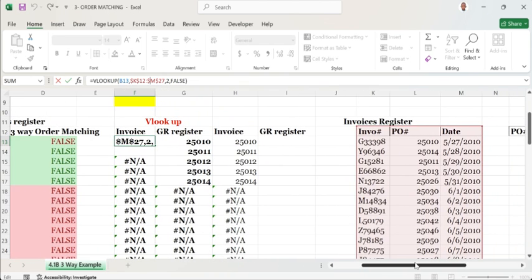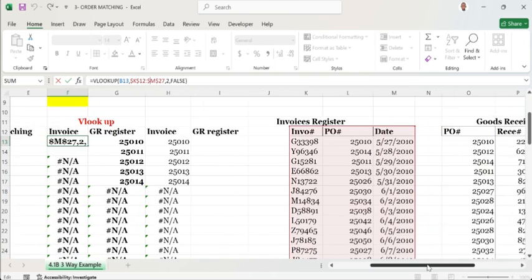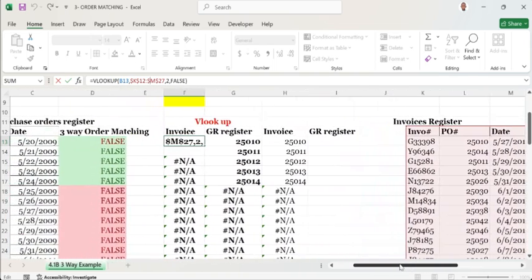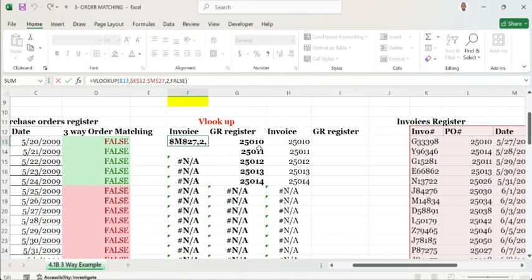So ingekuwa VLOOKUP lookup value ni hii. Umeona imechange hizi kwa sababu we have interfered with this. Hope you understand that. Sawa? Okay. Koma. Table array ingekuwa gani?